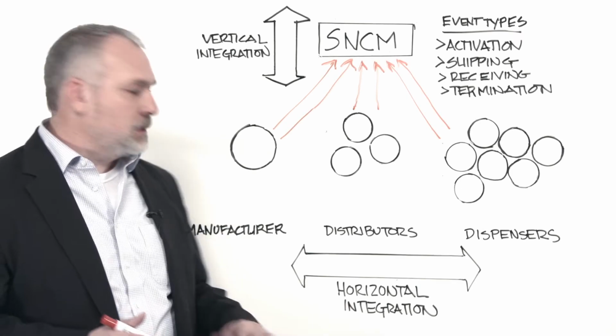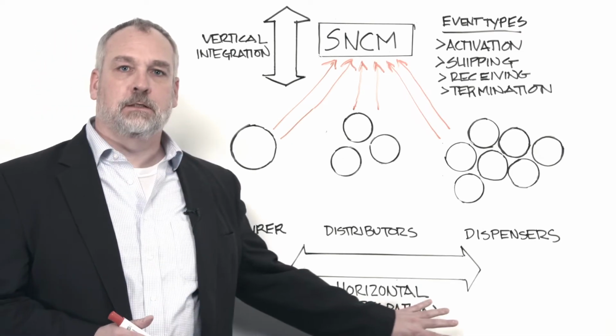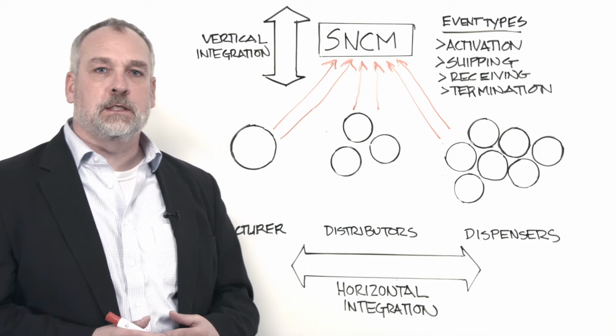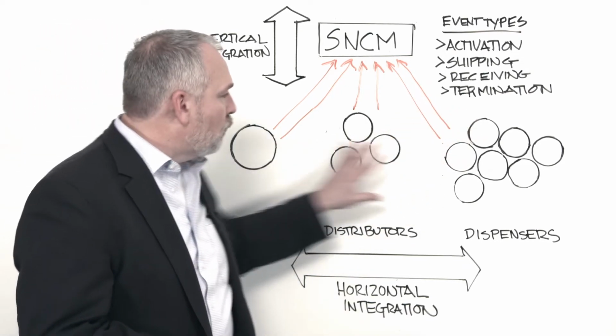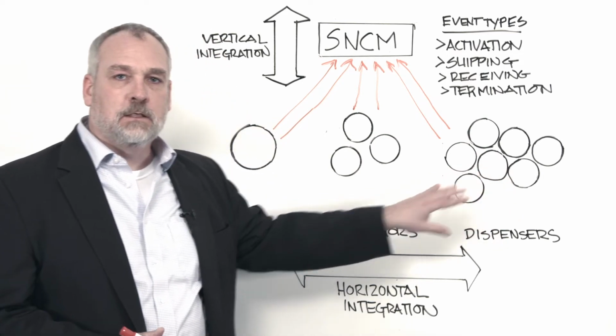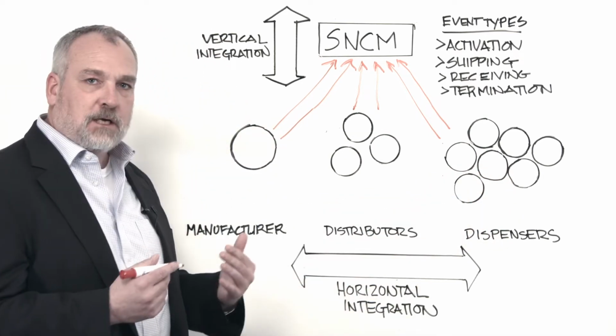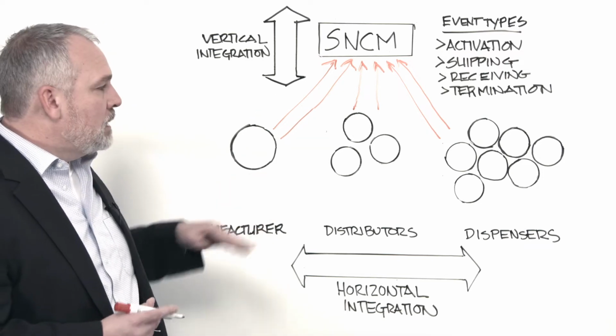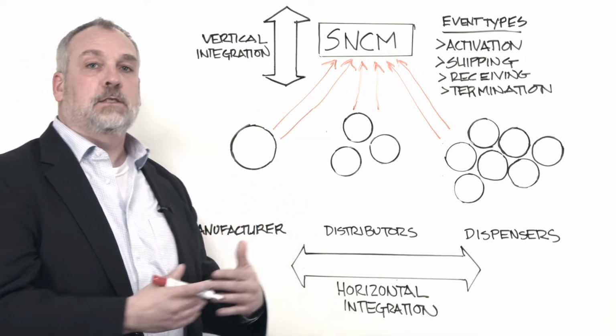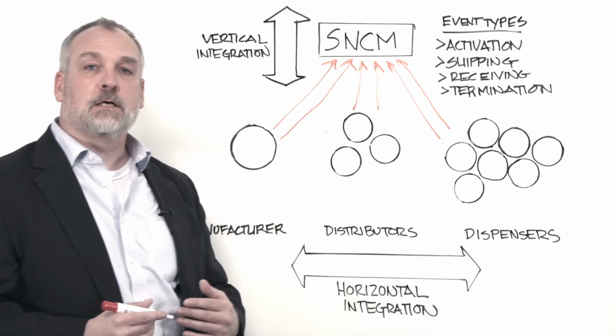What is probably the more complicated challenge in the Brazil requirement is a concept known as horizontal integration. And horizontal integration is communicating information across the supply chain. And what's difficult about this is that as a manufacturer, you ship to multiple locations, you sell product to multiple customers.